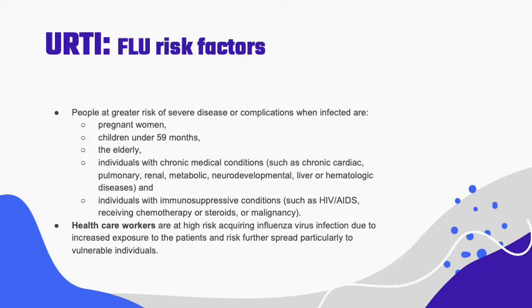People who are at greater risk of complications will be those in the very old or very young age groups where you have immunocompromise from either underdeveloped or degenerating immune systems. Pregnant women and those with chronic medical conditions, whether it is hepatic, cardiac, renal, pulmonary, metabolic, or neurodevelopmental, will also be at risk.